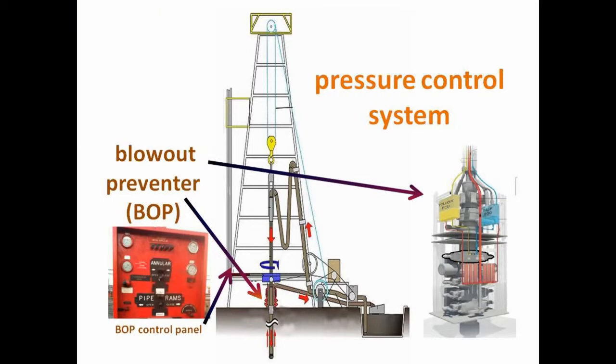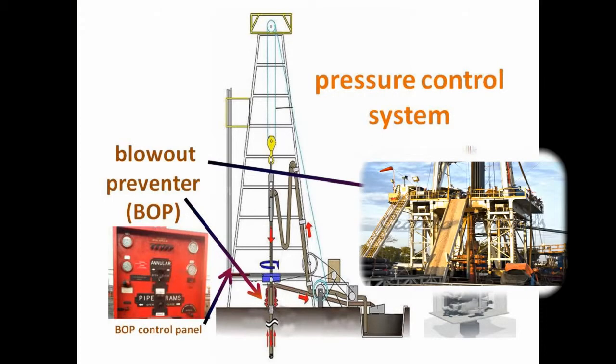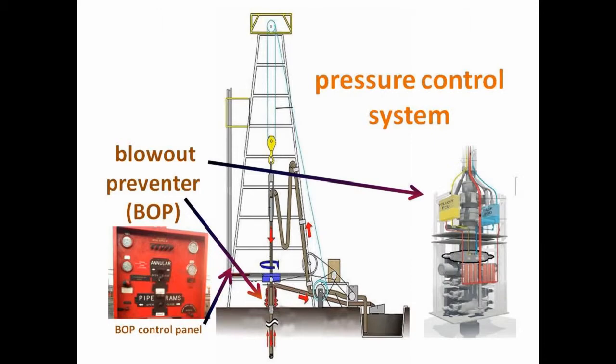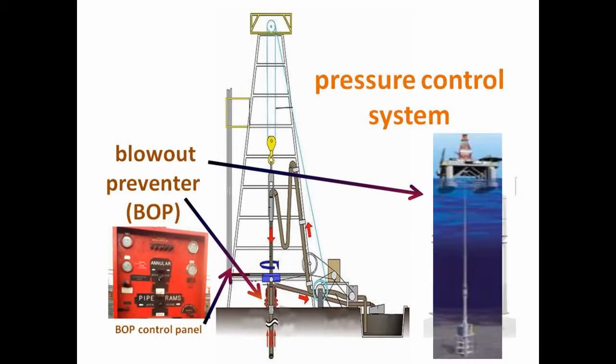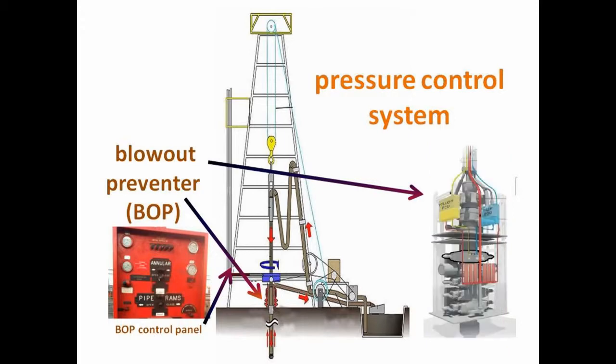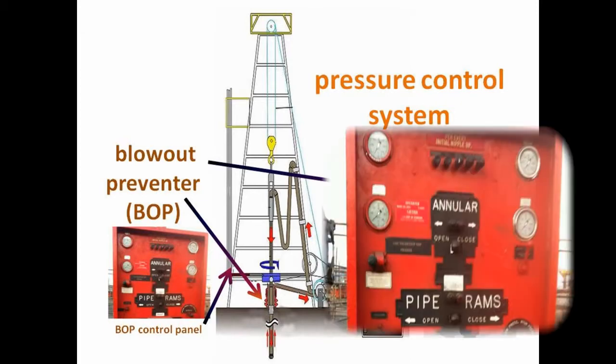On land rigs, they are usually bolted to the top of the well right above the wellbore, below the derrick floor. On offshore rigs, BOPs are placed on the ocean bottom above the wellbore on the ocean floor. With its own independent power source for safety, the blowout preventer panel with its controls sits right on the derrick floor for easy access.